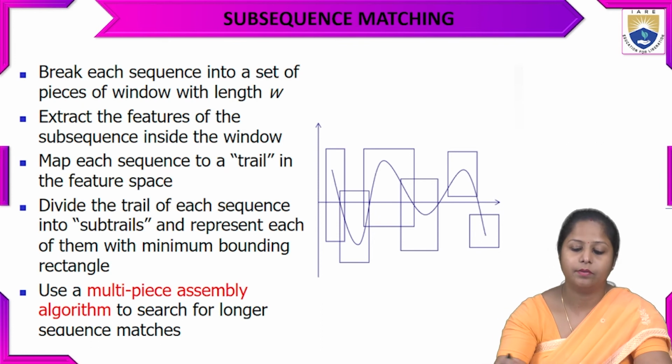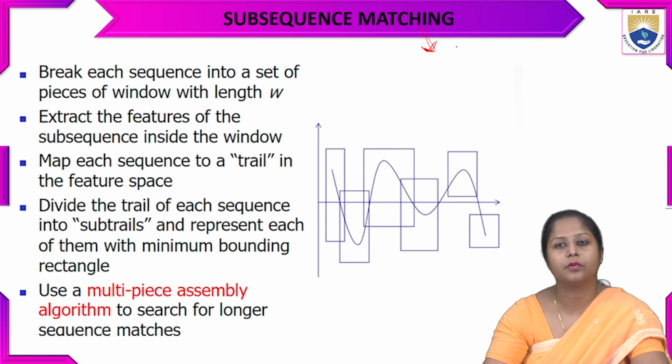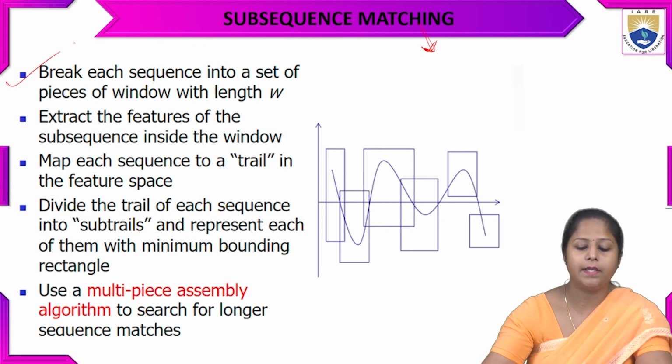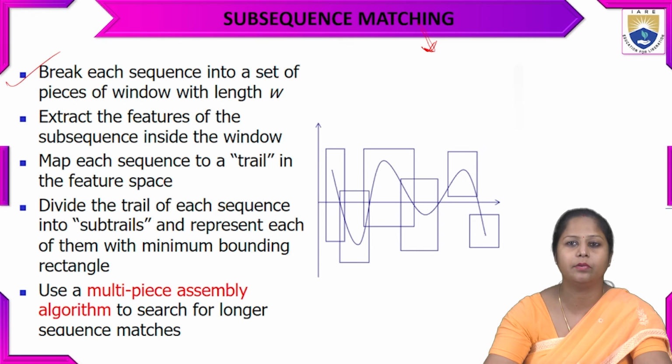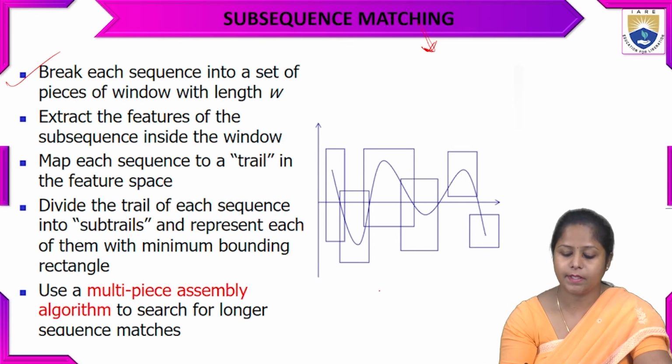Subsequence matching. This is also a technique to process time series. In subsequence matching, we break each sequence into a set of pieces, each a window of length W. Here in the figure, we can see some trend like this, like this.